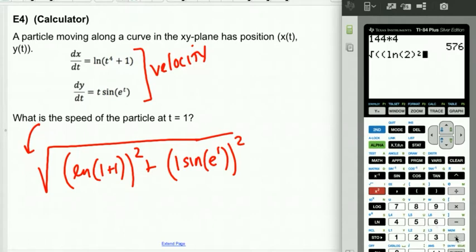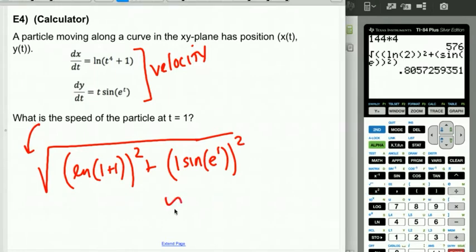Sorry, natural log whole quantity squared, plus the sine of e, close the sine, close the whole thing and square it, and then close the whole root, and there you go.